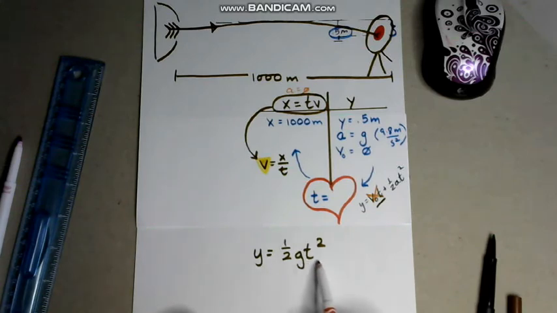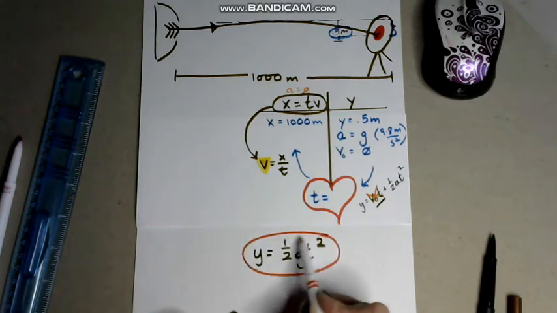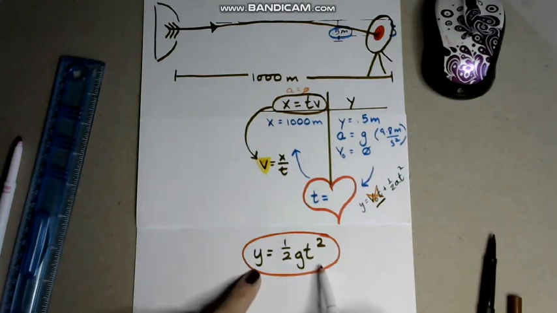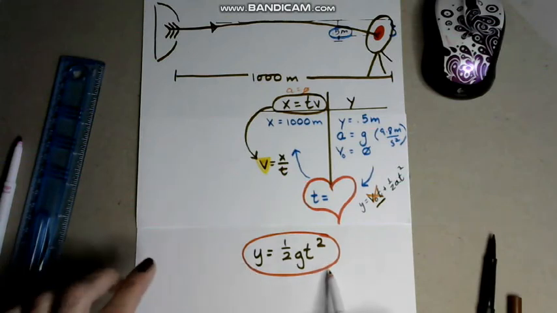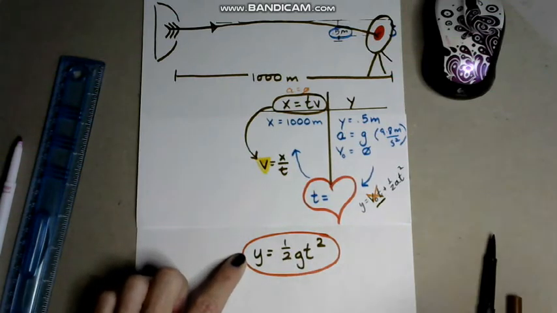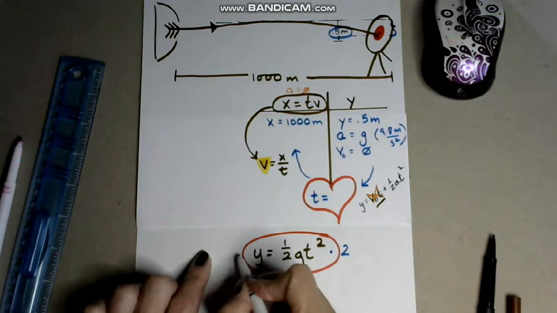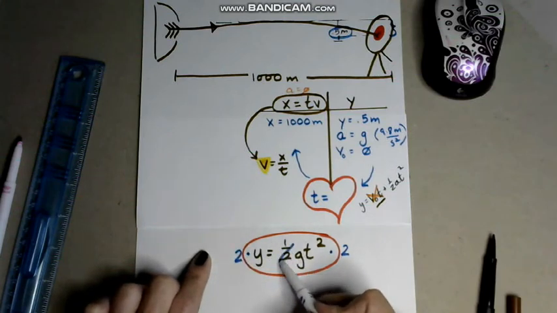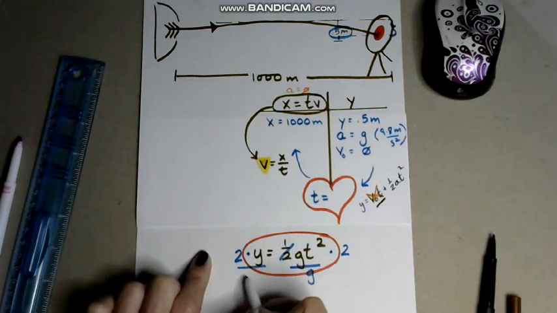Okay, I want to manipulate this equation to get t by itself. So it's pretty easy. I multiply everything times 2. That gets rid of the 1/2. I divide everything by g. That gets rid of that.